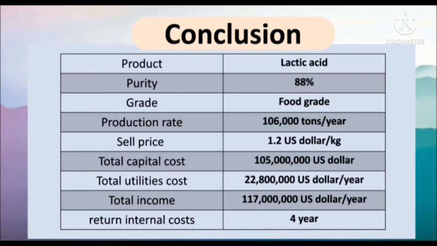The total capital cost is 105 million dollars, the total utilities cost is $1,008,000 per year, and the total income is $117 million per year.